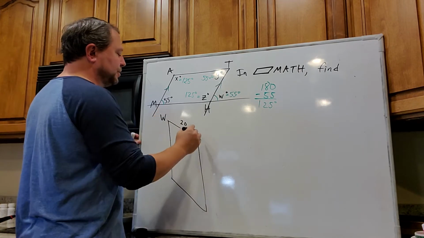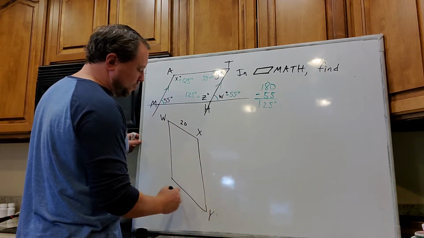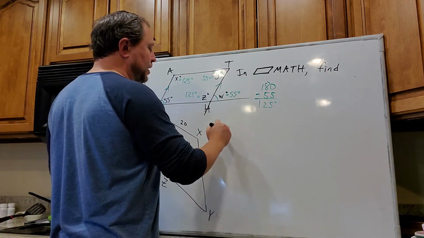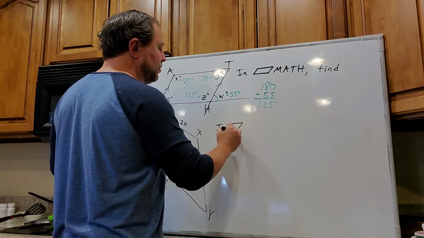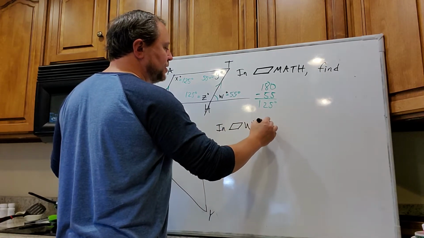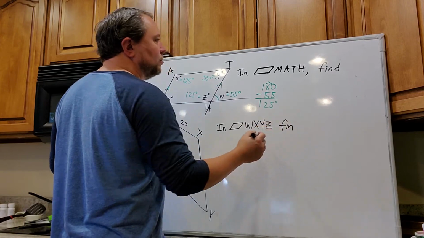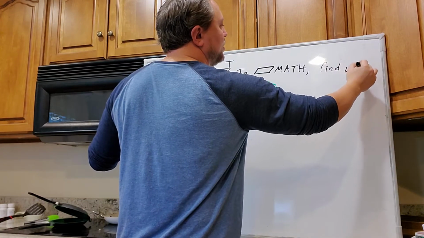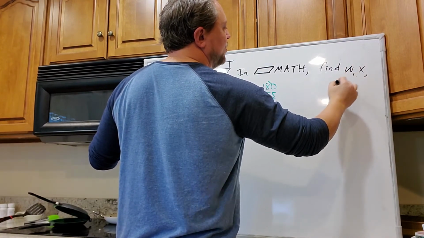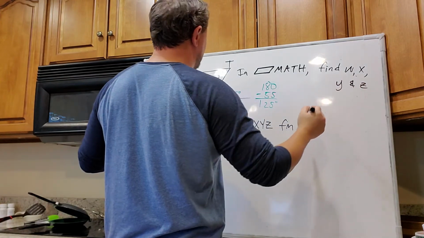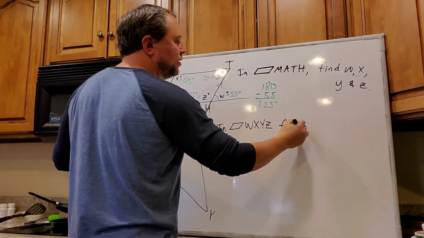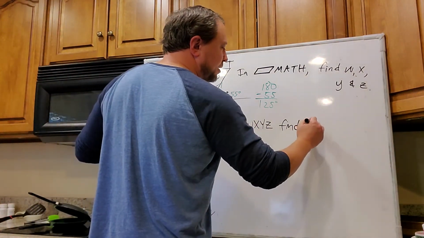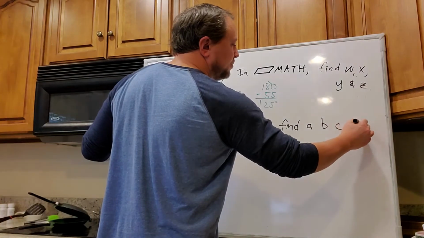And by the way, we'll call this W, X, Y, Z. So in this parallelogram W, X, Y, Z, like up here, I had you find W, X, Y, and Z. Well, down here, we're going to do that again, but I'm going to letter these a little different. We're going to find A, B, C, and D.